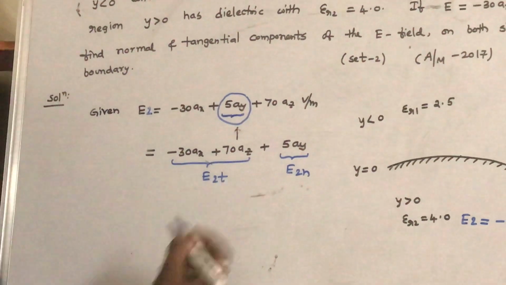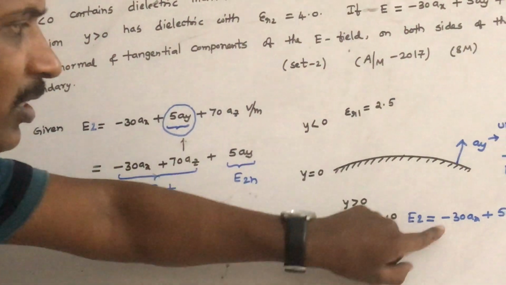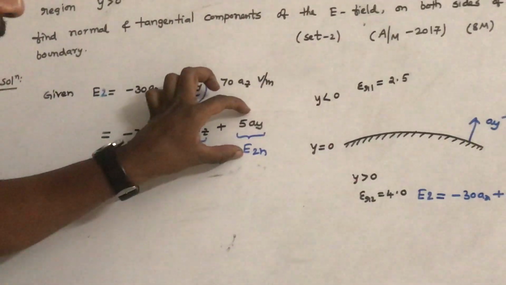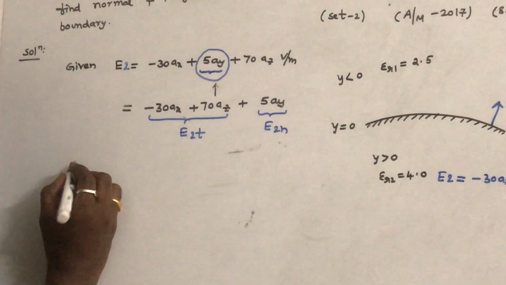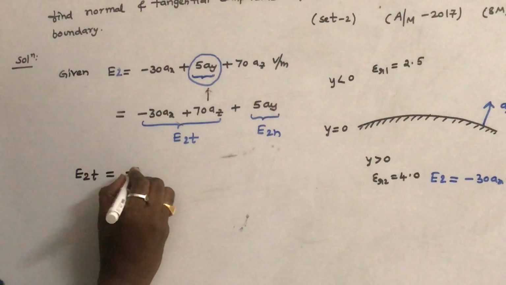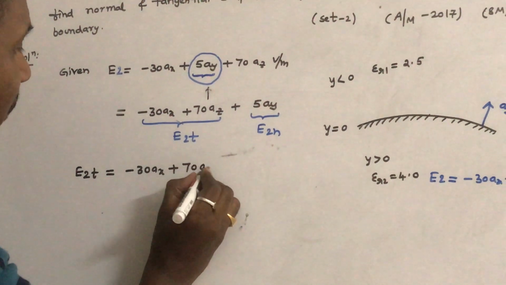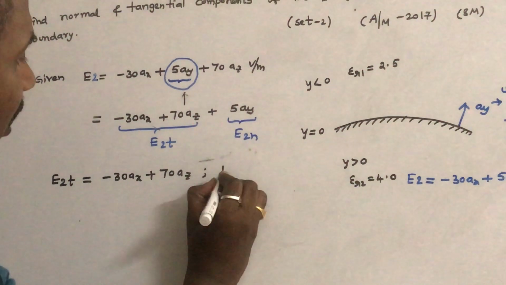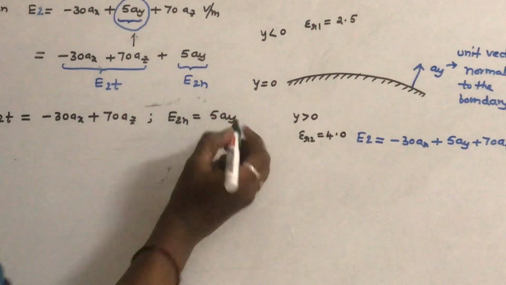First we have to separate like this. Because ay is the unit vector normal to the boundary, 5 ay is the normal component, and the remaining component is the tangential component. So E2t, the tangential component, is minus 30 ax plus 70 az, and the normal component is 5 ay.